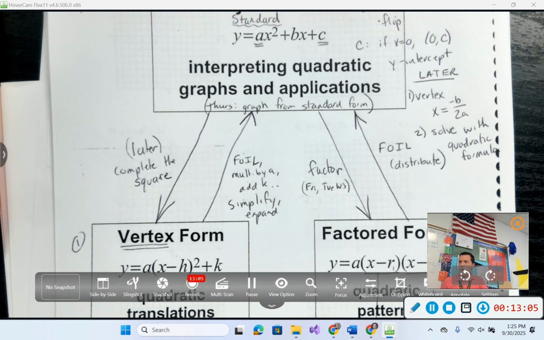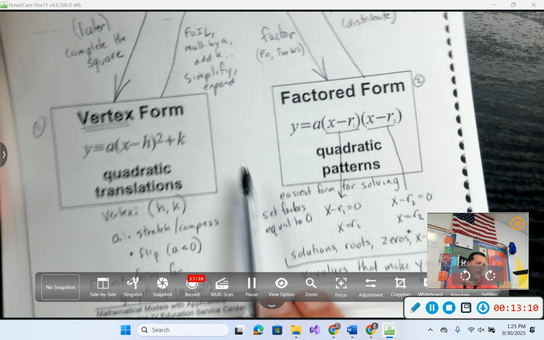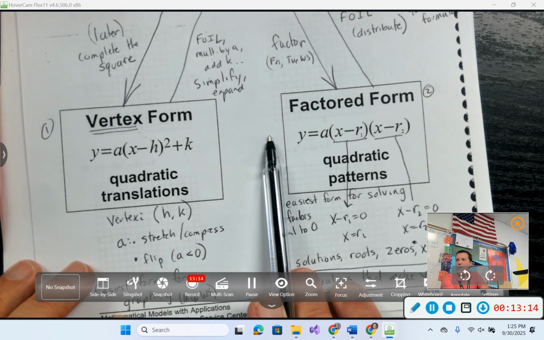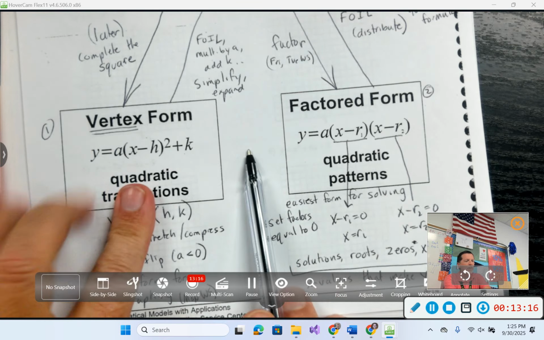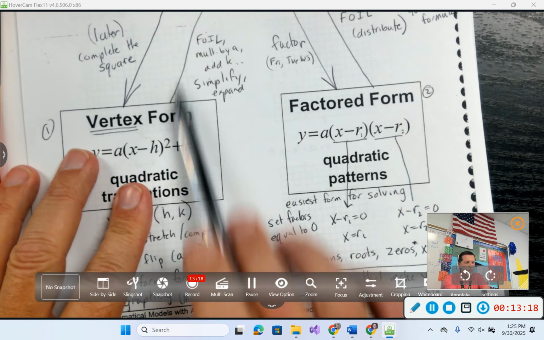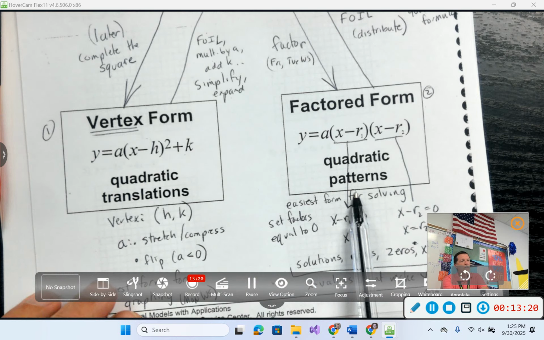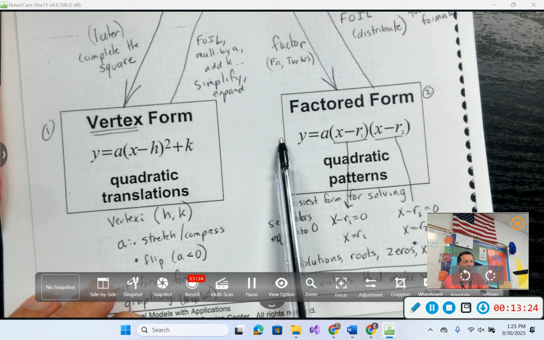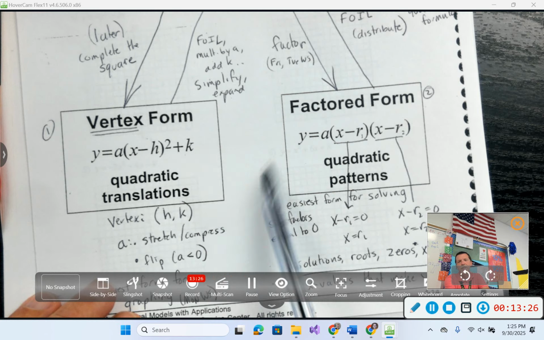Some of the forms are helpful in some places and not so helpful in others. We also don't really have a connection between vertex form and factored form, because if you wanted to get from one to the other, you'd pretty much go through standard form. You can't really just jump straight there. You would pass through standard form on your way either direction.